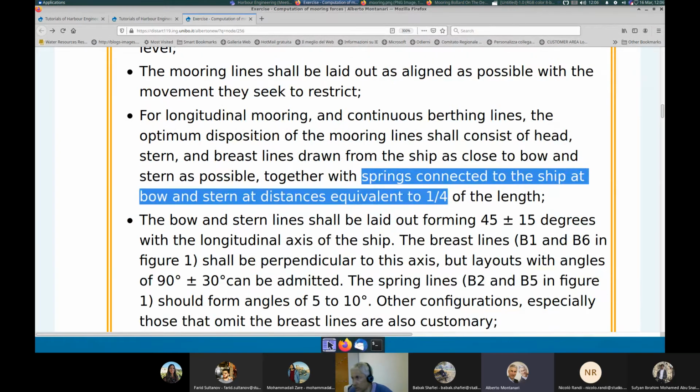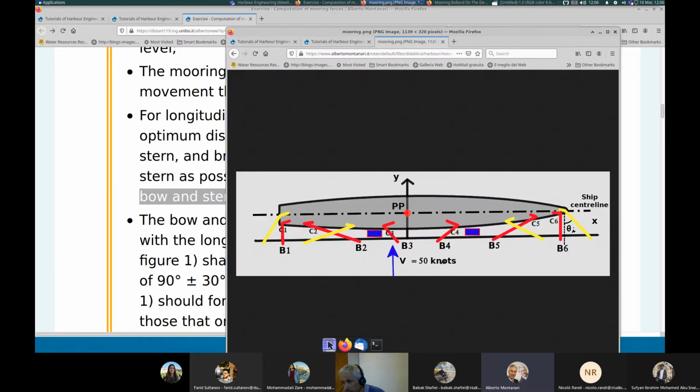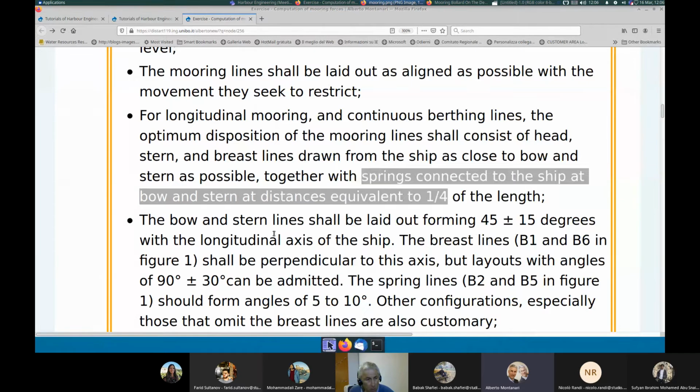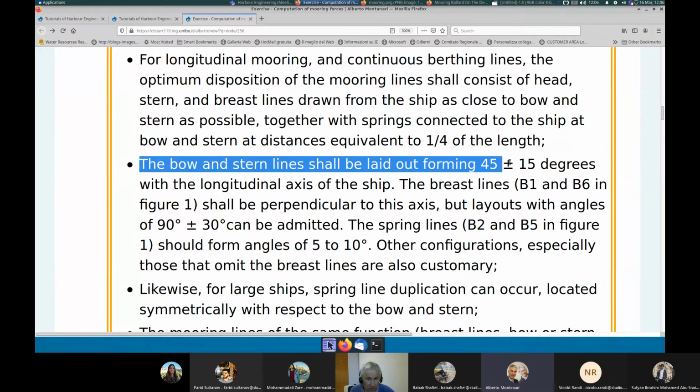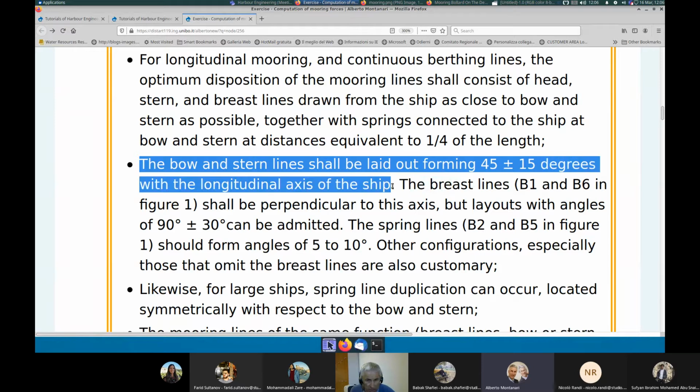Now, one second. Okay, let me move this away. The bow and stern line shall be laid out forming an angle of about 45 degrees with the longitudinal axis of the ship. And this is something that is not really met in my figure, okay?